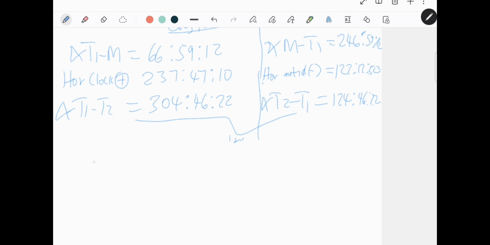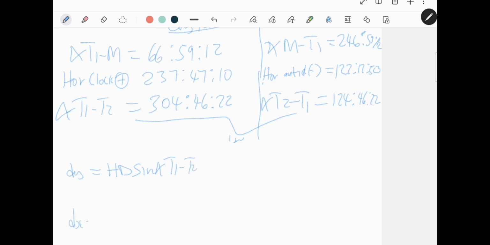So you just come here. Remember, we said our dy is equal to our hd sine your forward bearing. Your forward bearing in this case being T1 to T2.